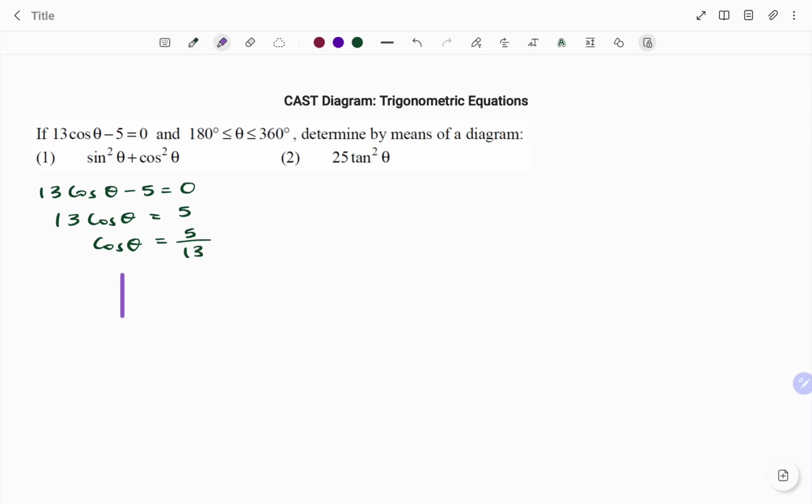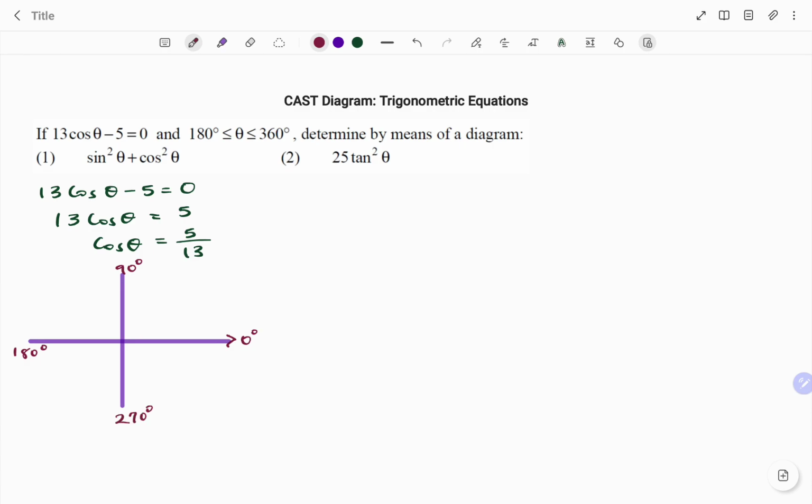Going back to our CAST diagram, we need to determine which quadrant the terminal arm of our angle falls in. So starting from 0 degrees, we have 90 degrees. Every quarter is 90 degrees. And then we have 270 degrees.